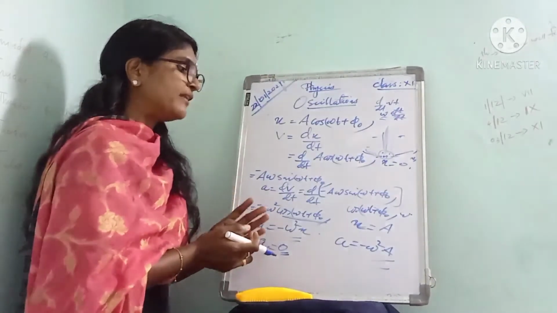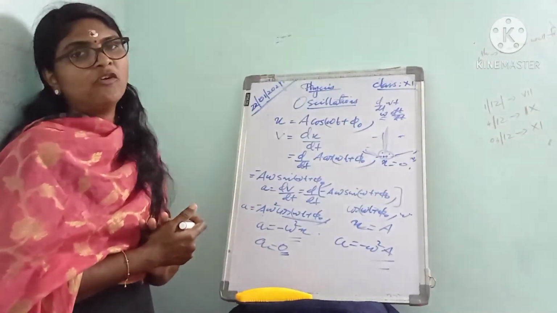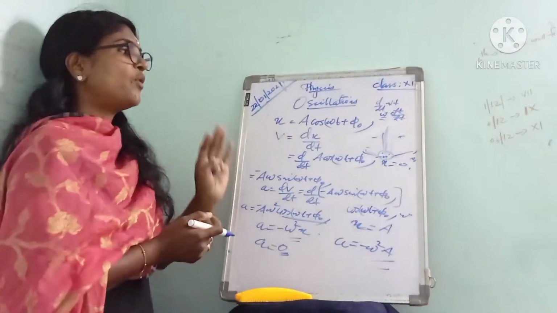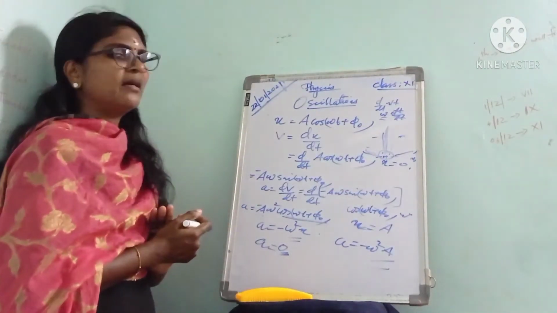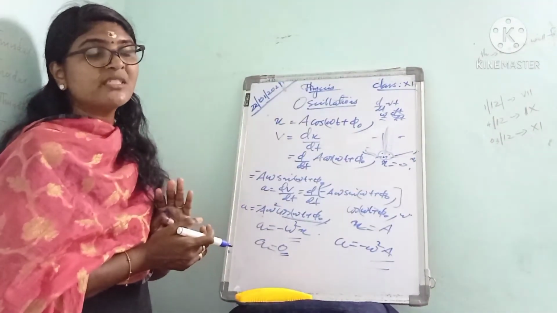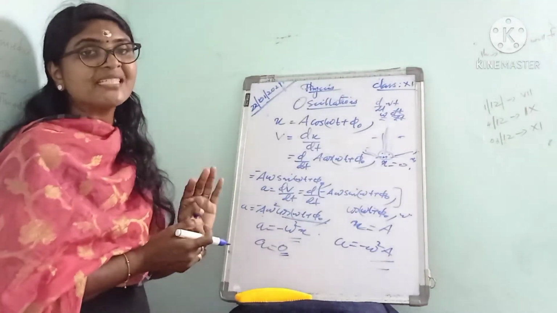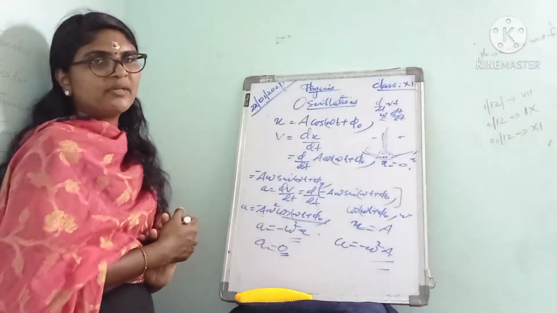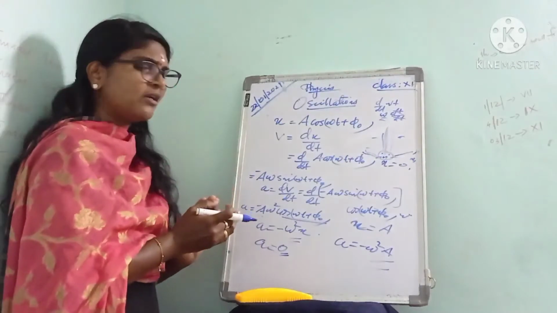When we take the magnitude, actually it is omega square A. So at the extreme position, the particle that executes simple harmonic motion has maximum acceleration. All of you got it?